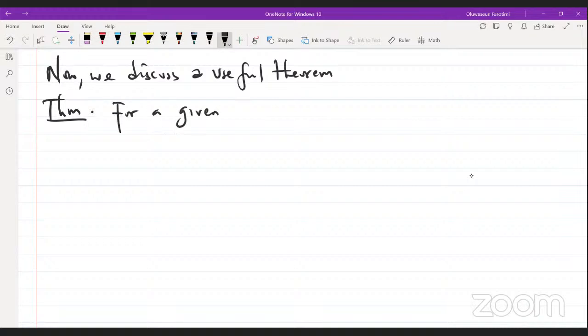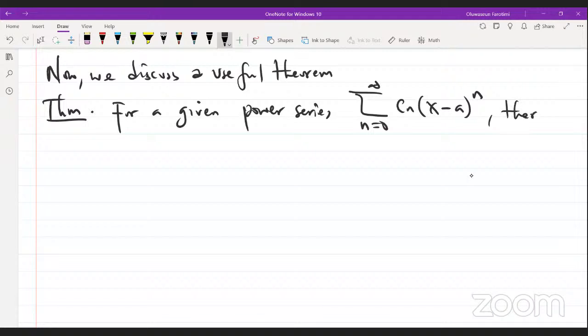For a given power series, remember how we write this guy? The sum of c_n times (x minus a) to the n, a power series in x minus a. There are only three possibilities.